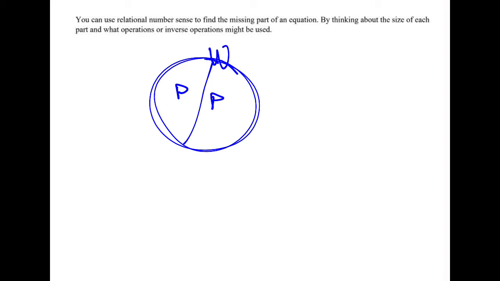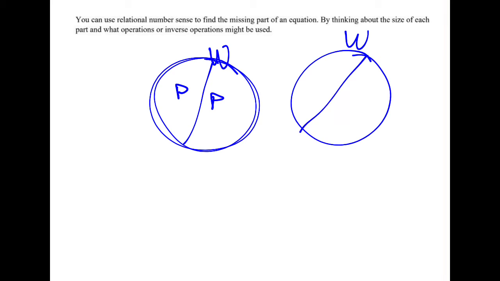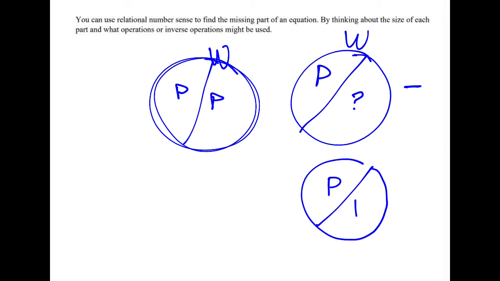If you're given the whole and one of the parts, you're going to have to subtract to figure out the other part. If you're given two parts and you want to know the whole, you're going to have to add. The parts are not always going to be the same size though, are they? So that's another thing to think about, the size of each part. That might help you a little bit.